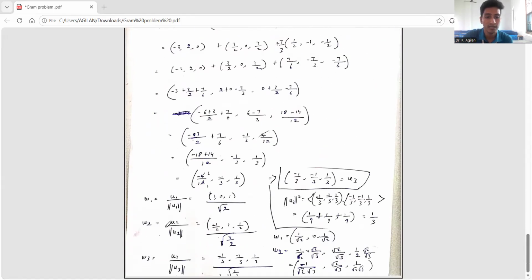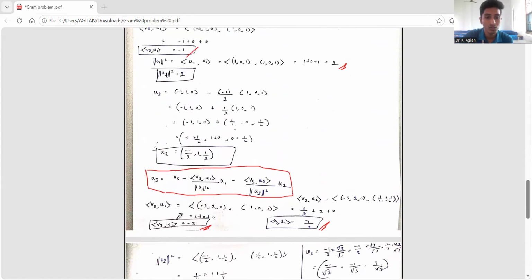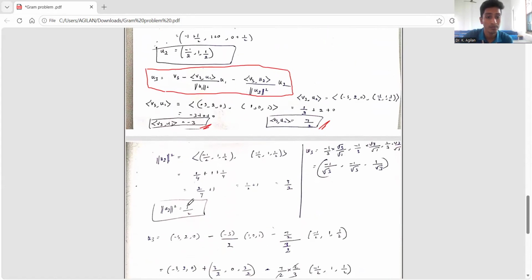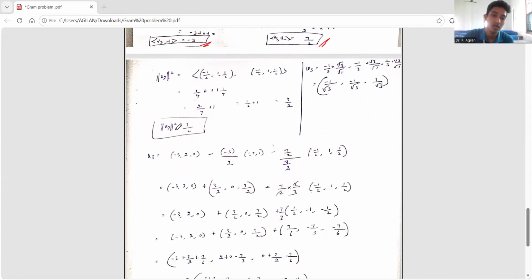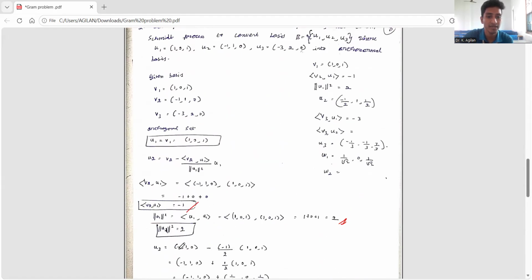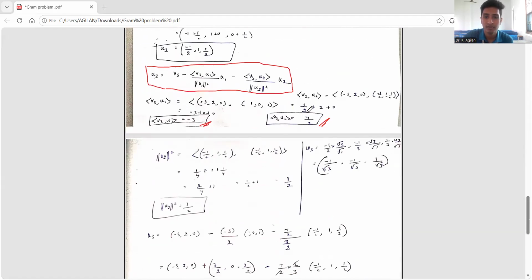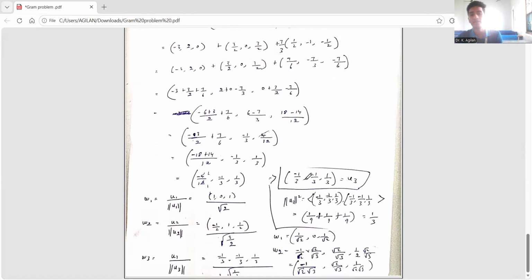Similarly, we know the value of norm of U2 square, which is 3 by 2, which means norm of U2 is the square root of 3 by 2. Similarly, we know the value of U3. U3 is minus 1 by 3, minus 1 by 3, and 1 by 3.